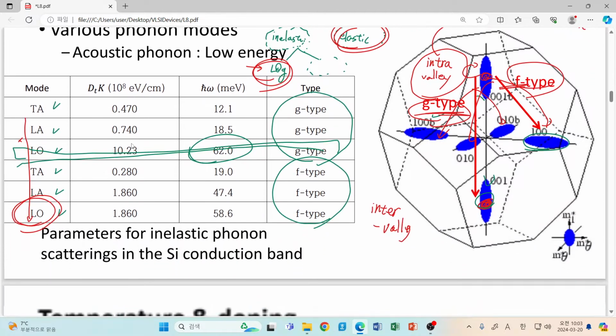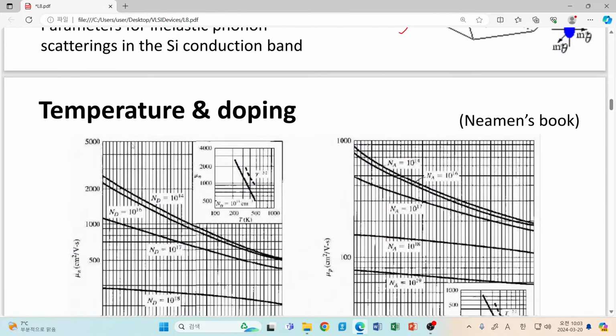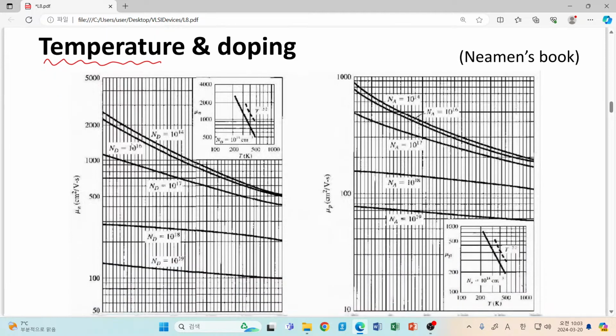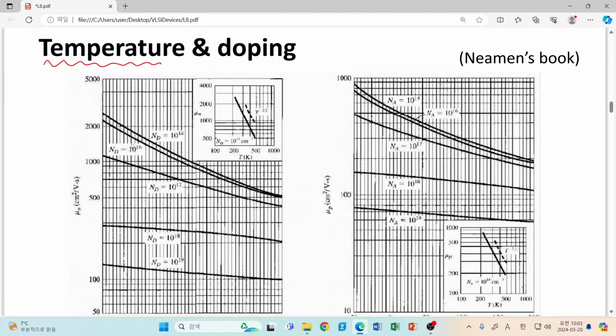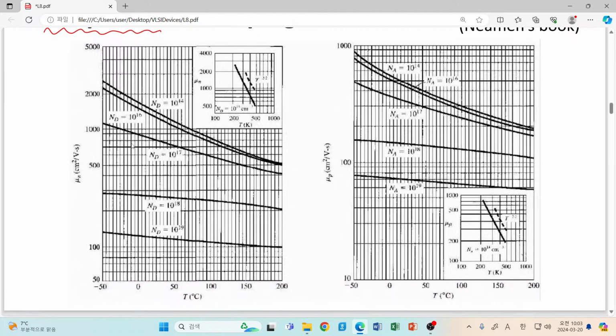So what we can think is that the temperature dependence of phonon scattering is directly observed. Where can you find it?